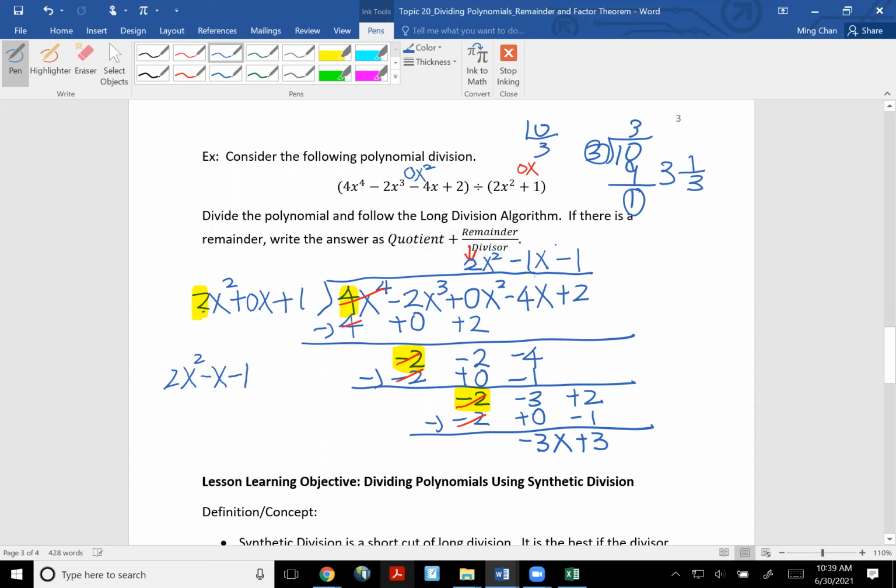That's my quotient. And we say plus the remainder, negative 3x plus 3, over the divisor. The original divisor was 2x squared plus 1. There you go. So that's how we write our final answer.